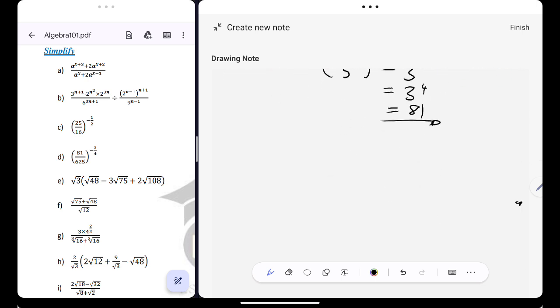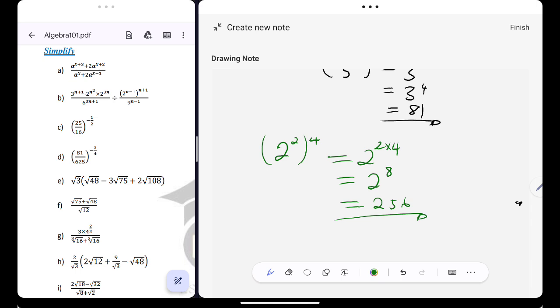So on your own, just do this example. Okay, so this thing will be 2 to the power 2 multiplied by 4. 2 multiplied by 4 is 8, so 2 to the power 8. 2 to the power 6 is 64, to the power 7 is 128, then 2 to the power 8 will be 256.